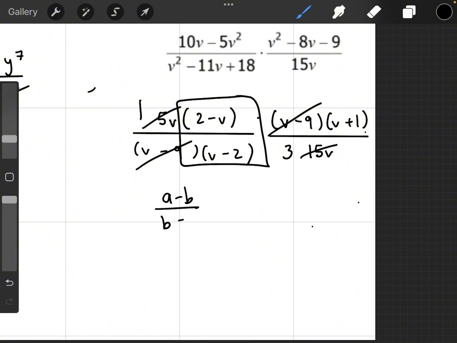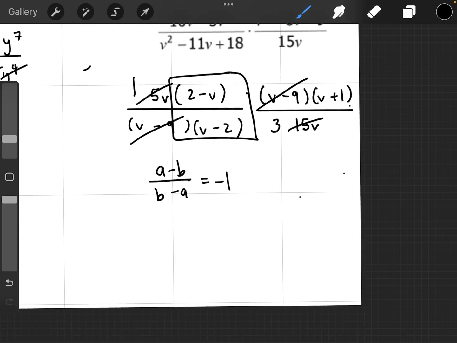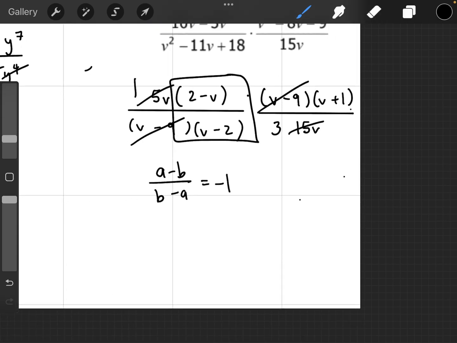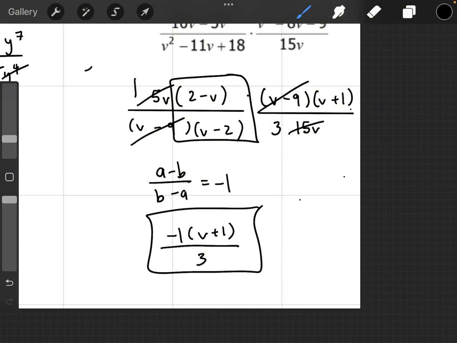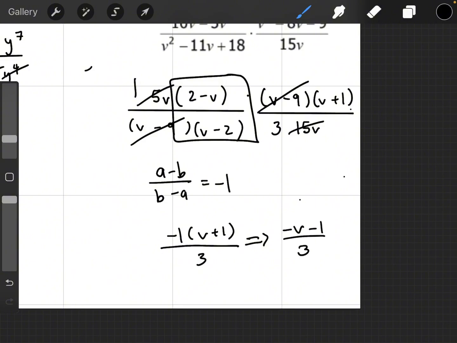And here, if we remember the rule, a minus b over b minus a equals -1, we can change this whole term to -1. So now we're left with -1, this term, v plus 1 over 3, and we can factor in this negative 1, so we have negative v minus 1.